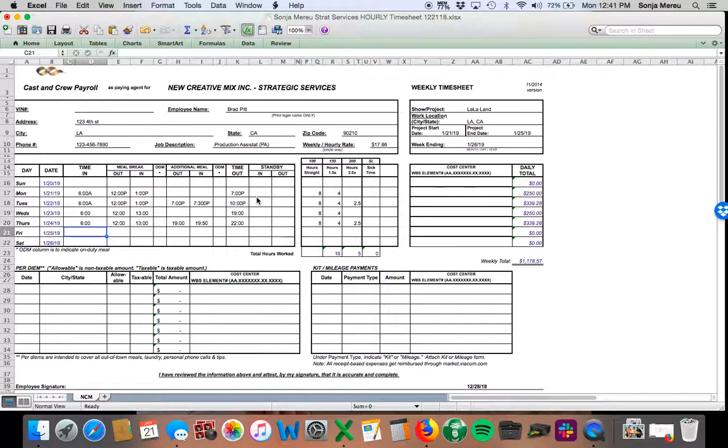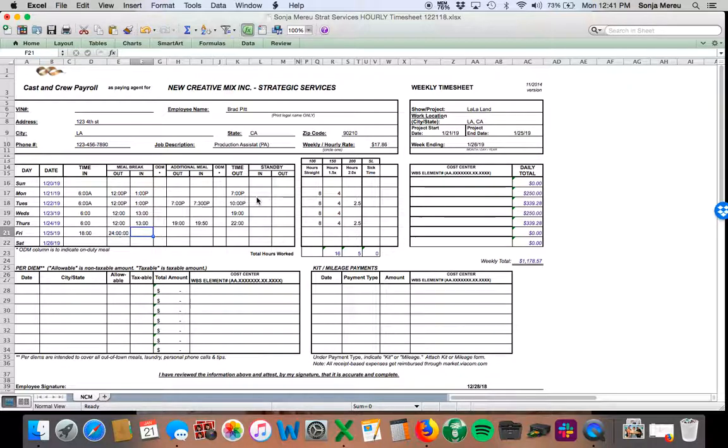And then to round out the week, what if you ended with an overnight shoot where you got off after midnight? So let's say you started at 18, which is 6 p.m. Your lunch then would be at midnight, which is 24.